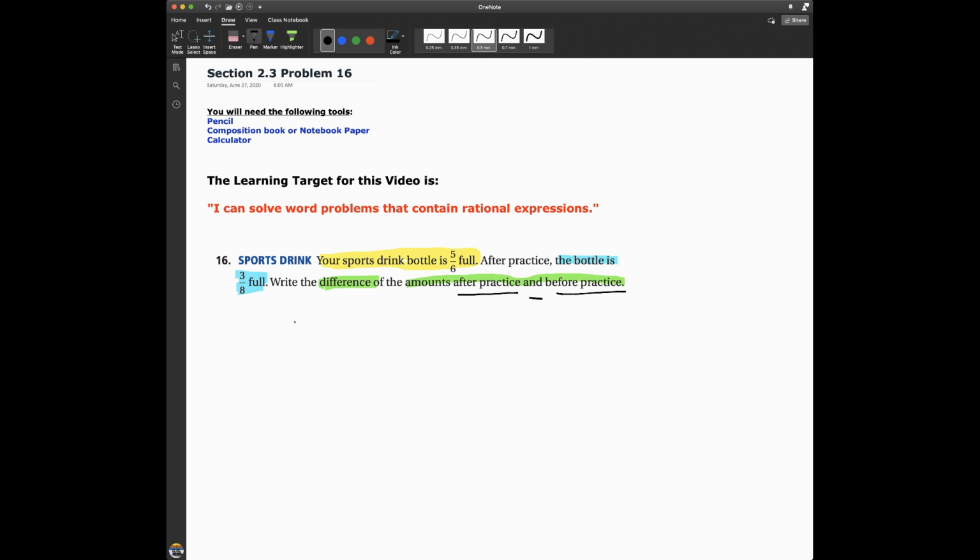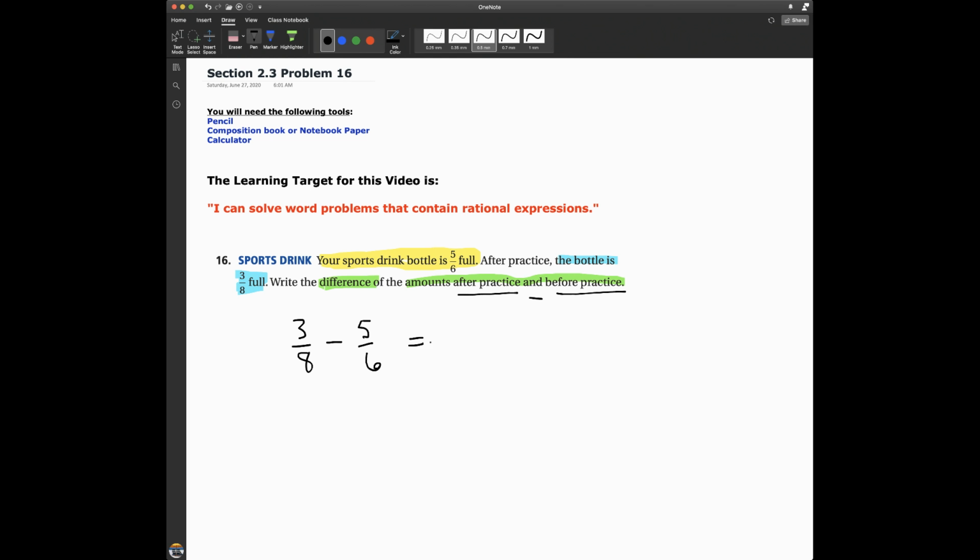So after practice, it's 3/8 full. And I'm going to find this difference. Before practice, it was 5/6 full. And so there, I'm going to find the difference between those two rational numbers.